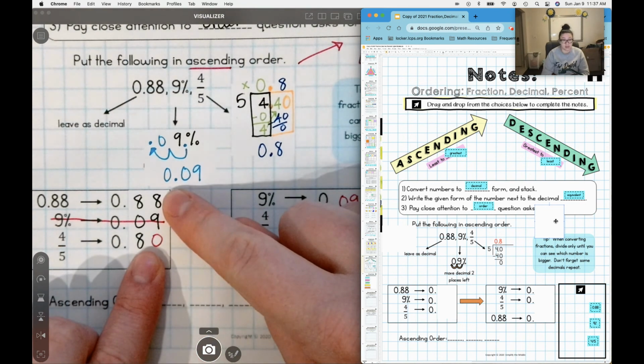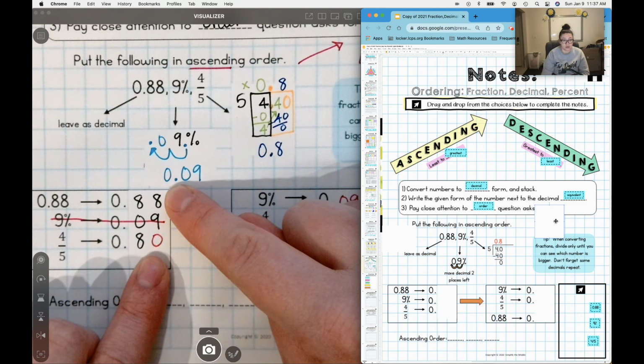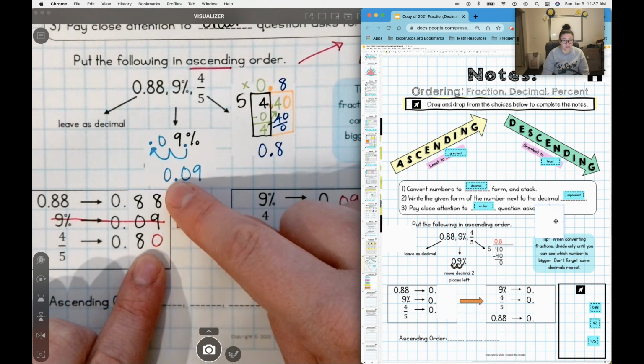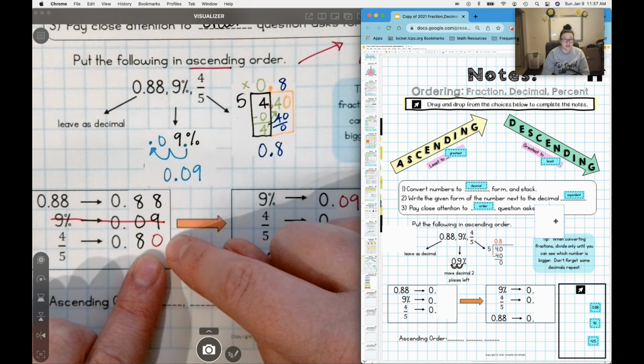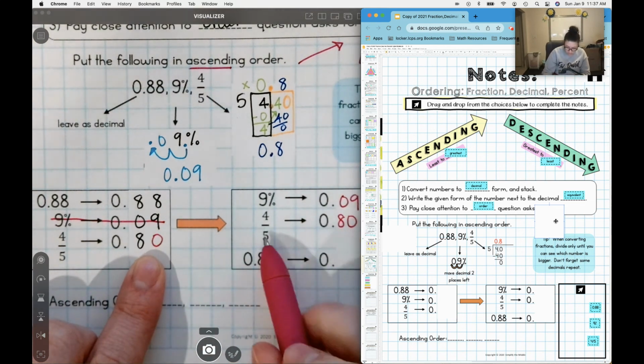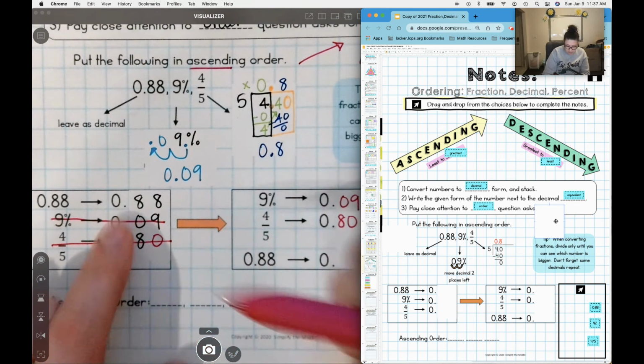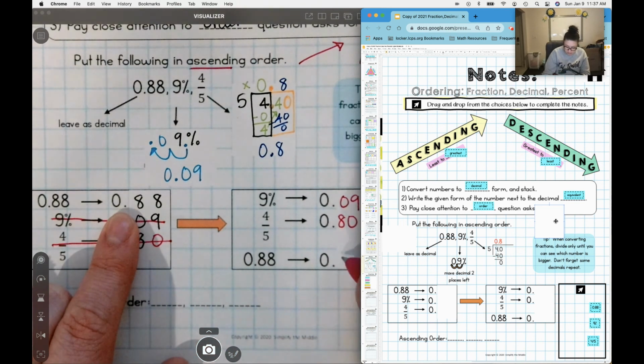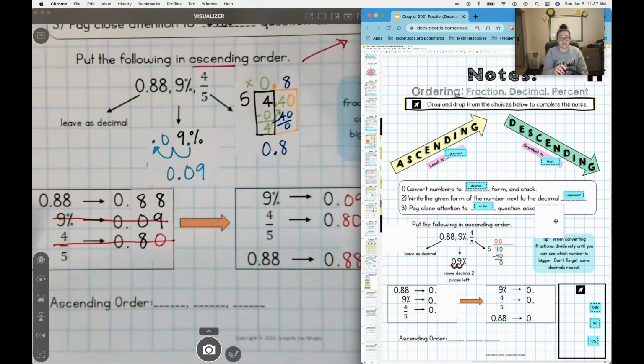And then what's the next smallest? 0.88 or 0.80? Which one is my next smallest? 0.80. So 4/5 is my next smallest number, making our biggest number 88 hundredths, 0.88.